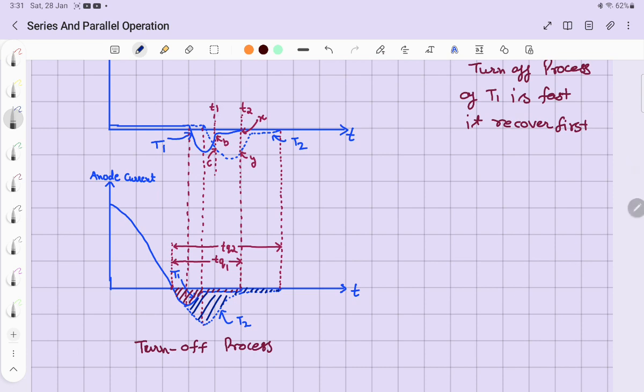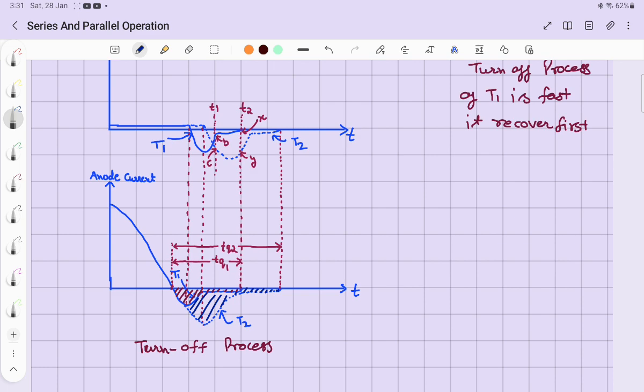At instant t1, thyristor 1 is sharing voltage VOB with reference to 0, whereas thyristor 2 is sharing voltage VOC.